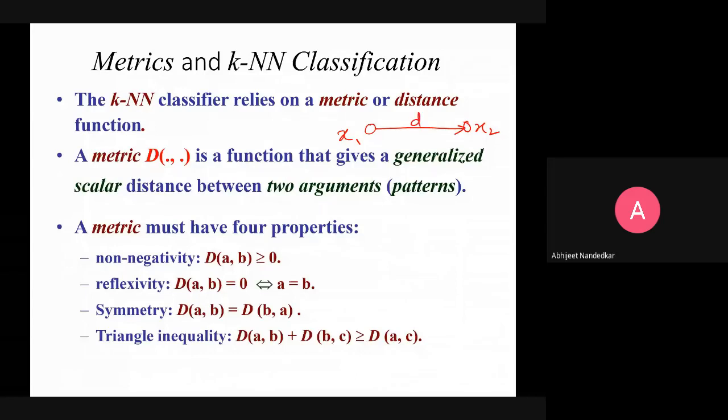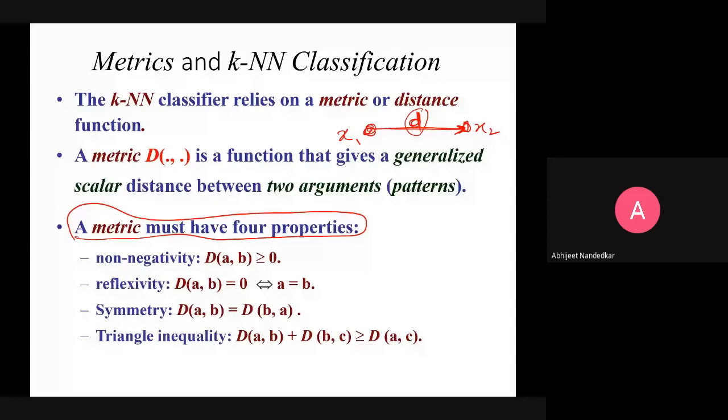The distance between these two is generally measured using the Euclidean norm, but there are other ways of doing this, which we will see. Depending on the problem, you may change the way of measuring.